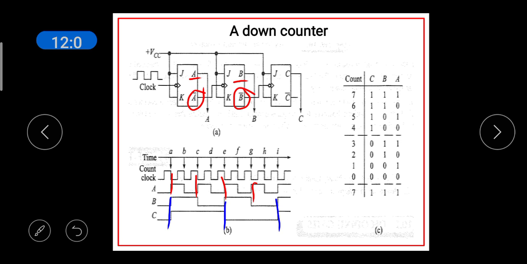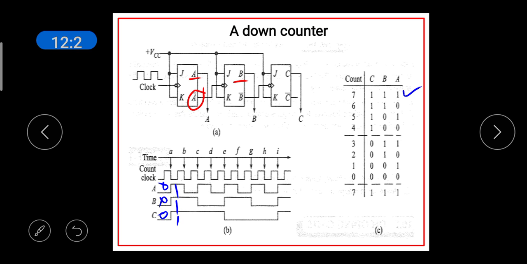So when you see the countings, before the first clock pulse, the outputs are 0, 0, 0. After the first clock pulse, the outputs are 1, 1, 1, which is represented by this state.